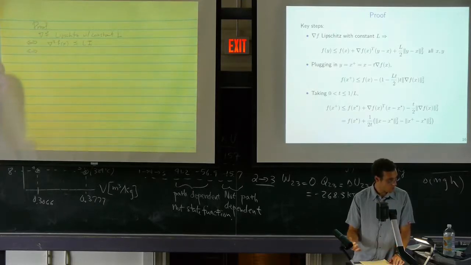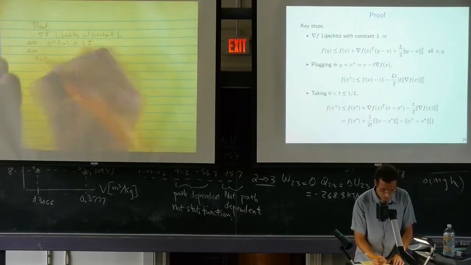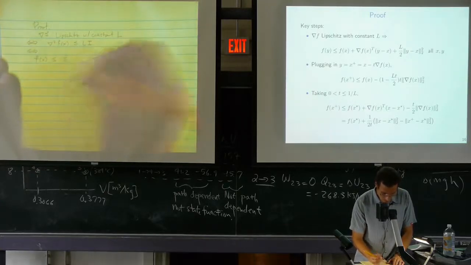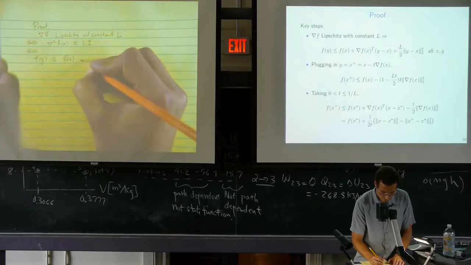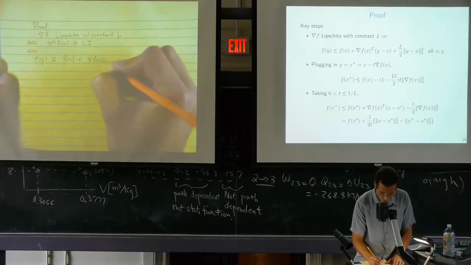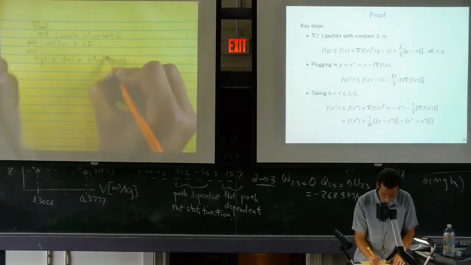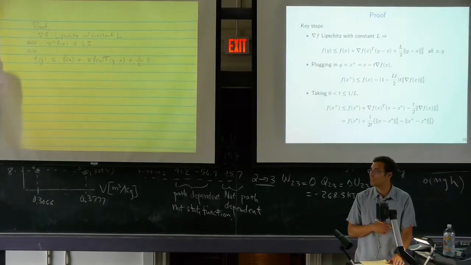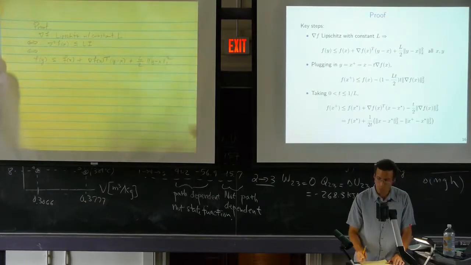And this is also equivalent to the following very useful fact that we're going to use for the first step of the proof, which is that if I take my function f of x and I do a quadratic expansion around x, so this is just the linear term, but now I do a quadratic expansion where I actually stick in L times I in place of the Hessian, then this quadratic expansion upper bounds the function.